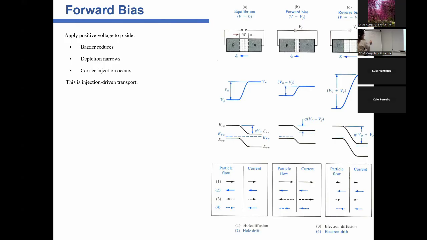Also, the deflection is different in the valence and the conduction band. This is just one dielectric draft, but because the effective mass is different, the deflection is different.